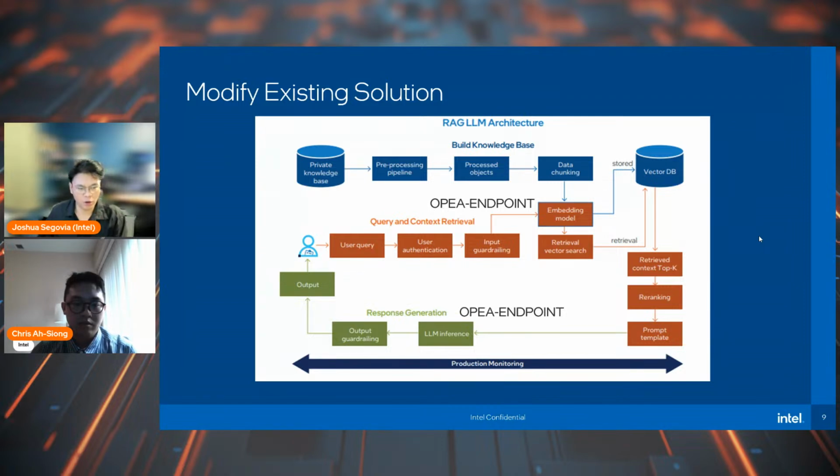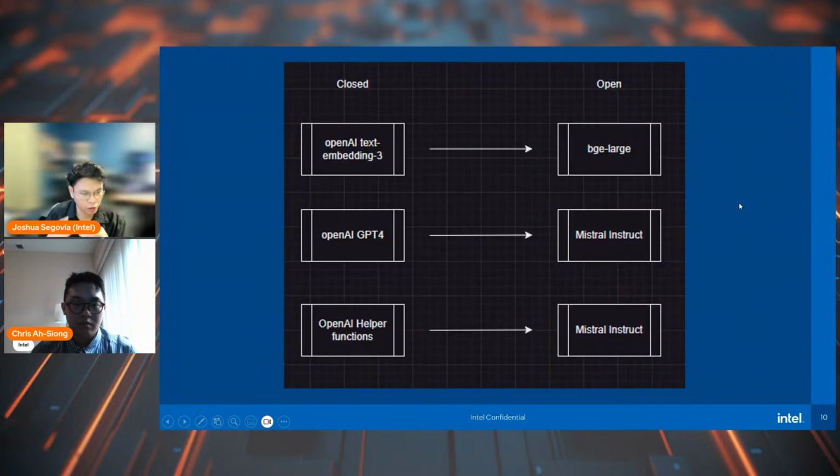solution. If we go to the next slide, we can take a closer look at exactly what changes we made. We made the switch from OpenAI Text Embedding 3 to BGE Large 1.5, and from OpenAI GPT-4 to Mistral 7B Instruct. Now, they also had some helper functions that did some summarization for them.